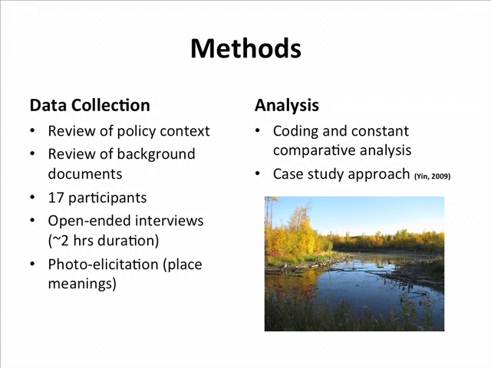In terms of methodologies, I've used policy context review. This started out in 2002, which compared to today is a very different context for policy, particularly around conservation and sustainable development literature as well.